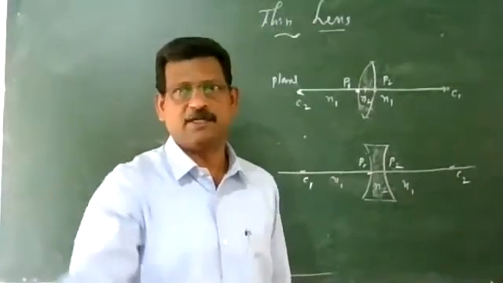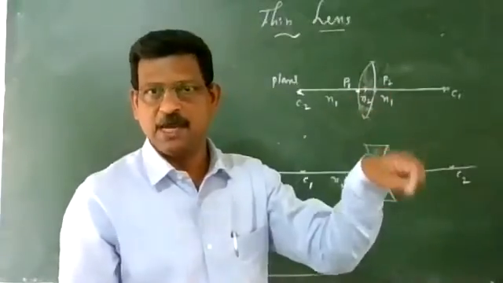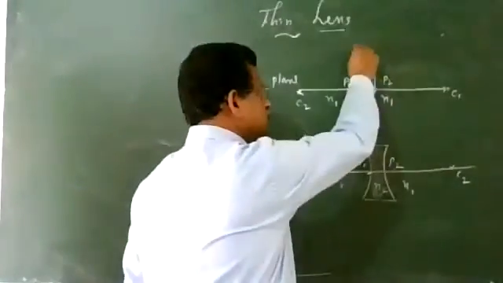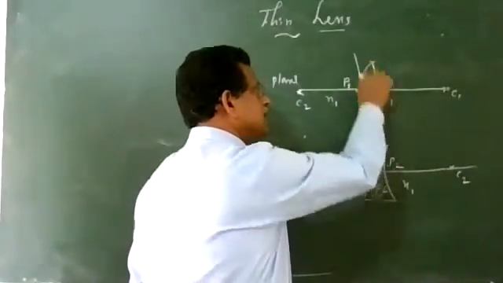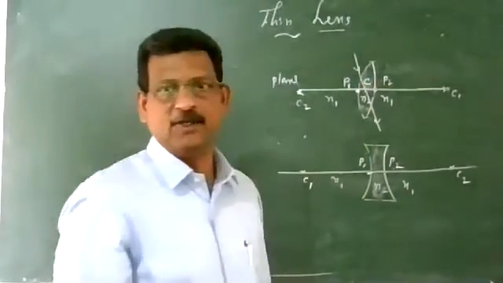This is the midpoint of the lens, and it lies on the principal axis. If a ray of light passes through that point, it goes without any deviation, so we mark that point as the optical center.